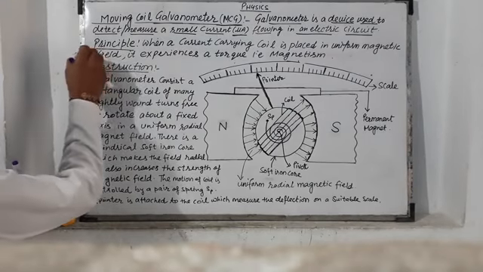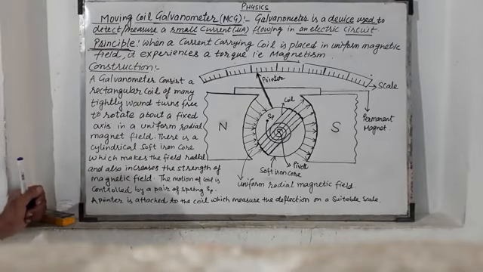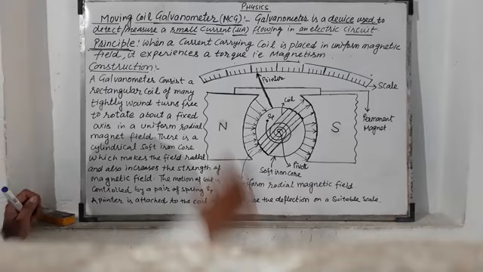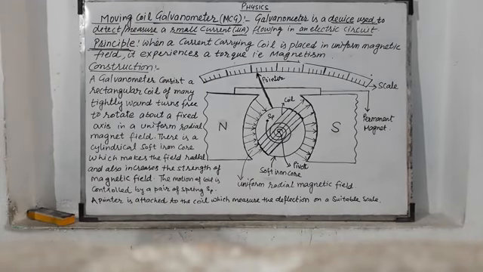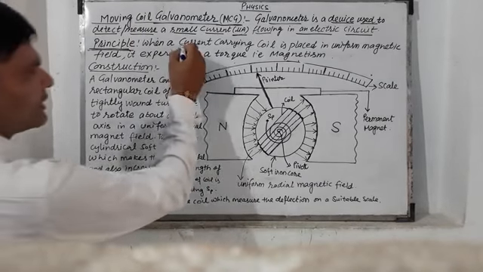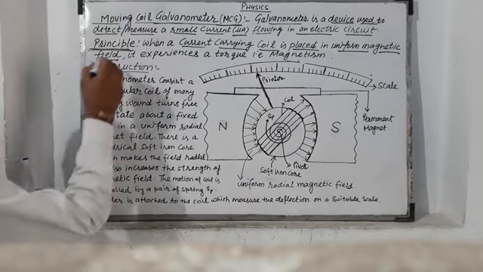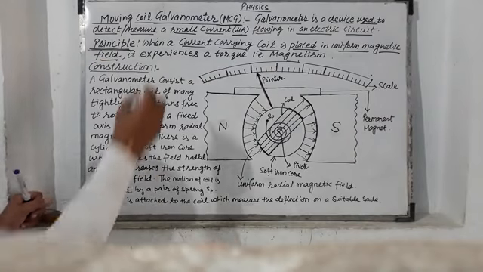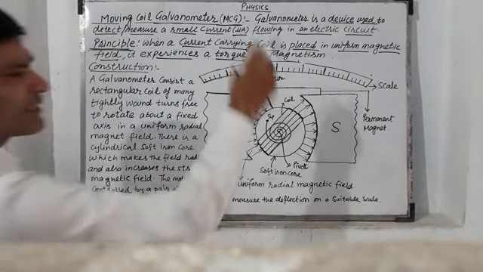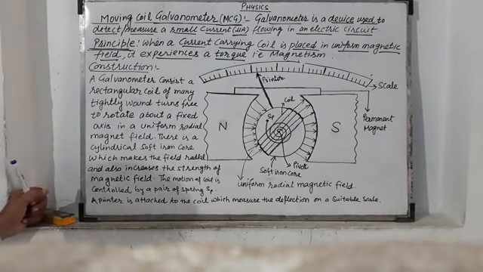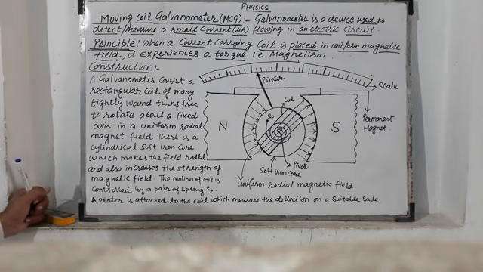The principle on which the moving coil galvanometer works is that when a current carrying coil is placed in a uniform magnetic field, it experiences a torque. It experiences a force, and there are two forces whose lines of action are different, so they produce a torque.